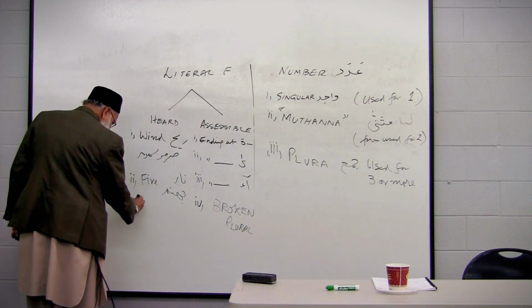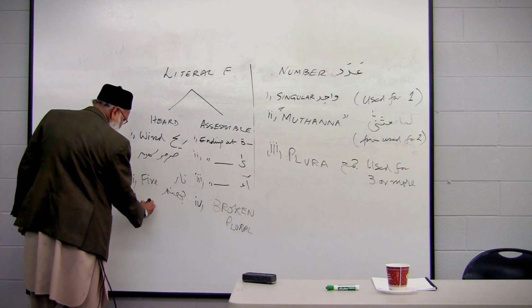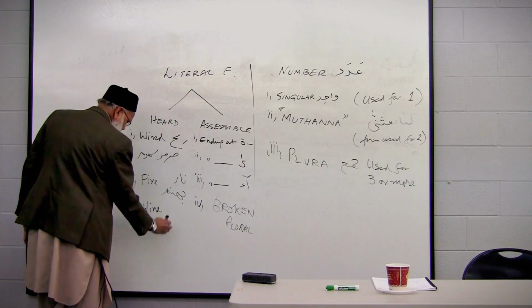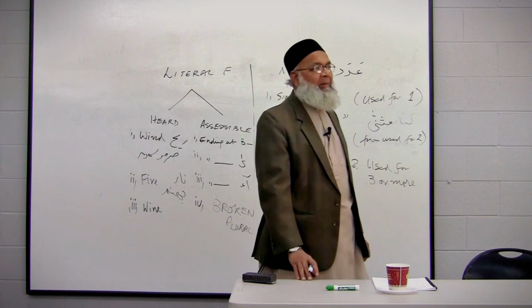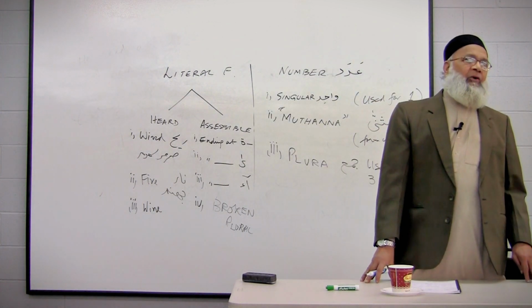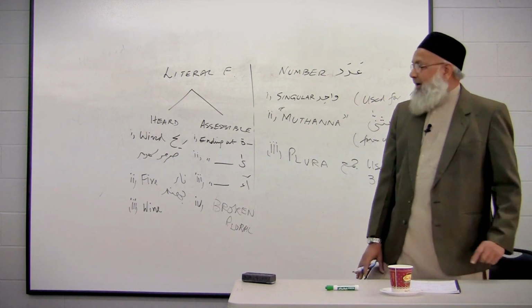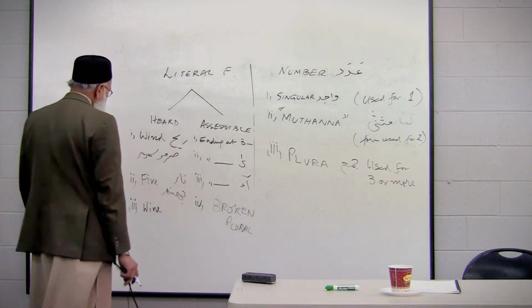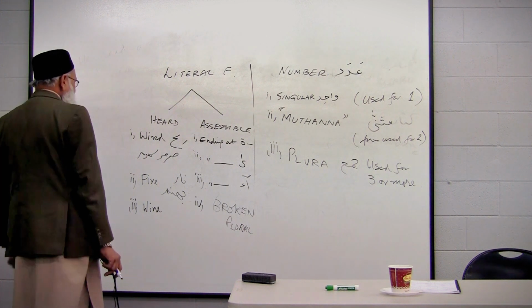Then, number 3, all the names given to wine: Khamar. All the khumur, akhmar, will be feminine. Yes, these are the categories.